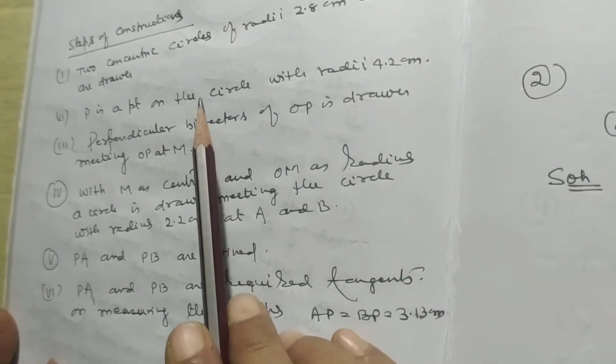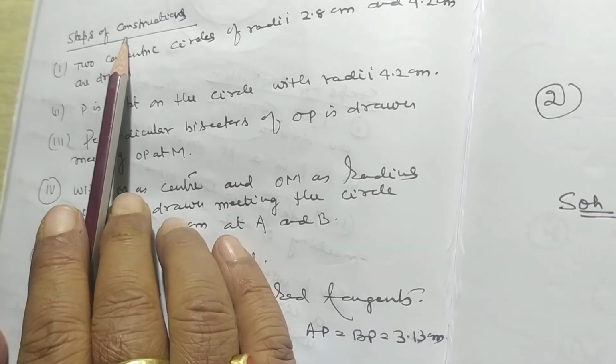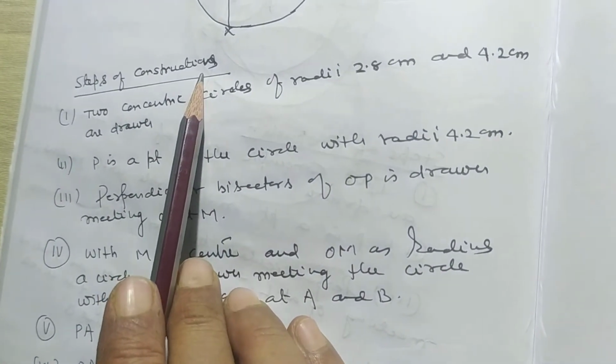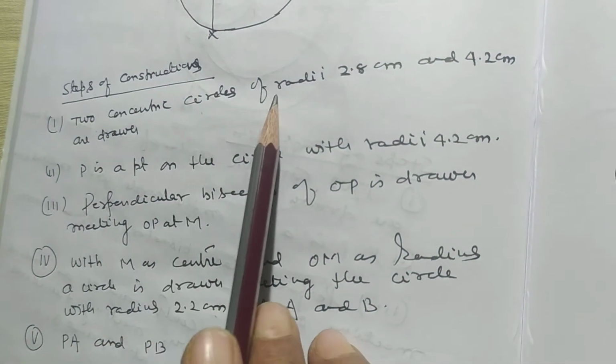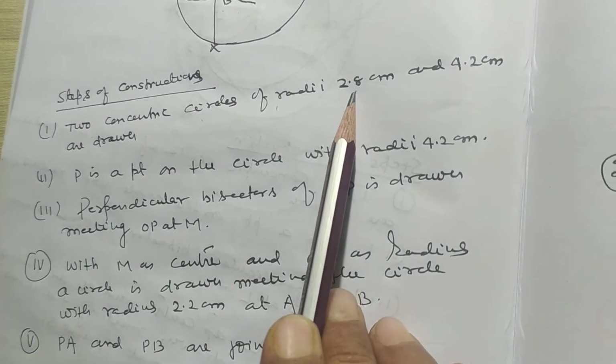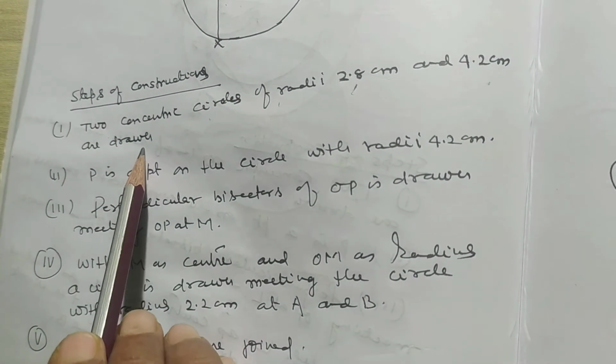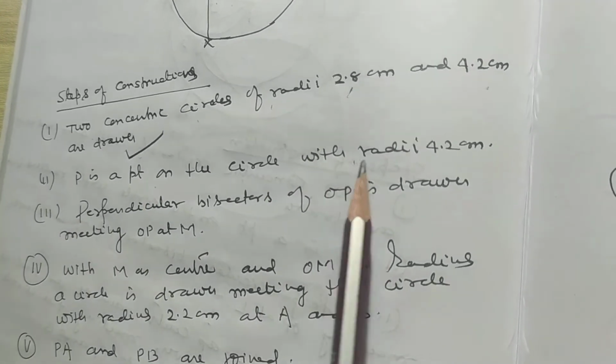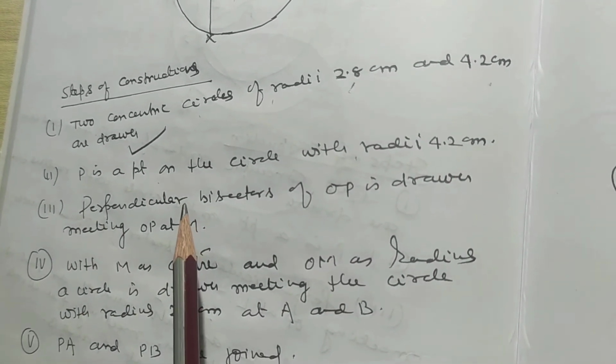So my dear students, we have written this in the form of steps of construction. Two concentric circles of radii 2.8 centimeter and 4.2 centimeter are drawn. First step: P is a point on the circle with radius 4.2 centimeter, the bigger circle.